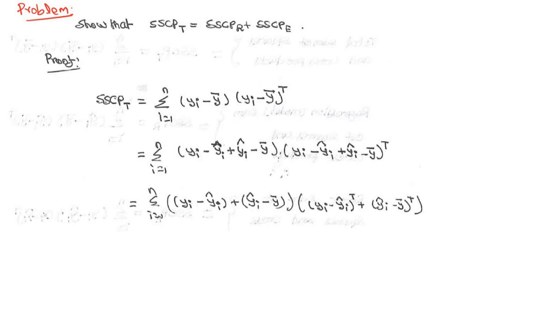For that I will start with SSCPT. The definition of SSCPT, the sum of squares and cross product of total, is summation i equal to 1 to n (yi minus y bar) into (yi minus y bar) transpose.